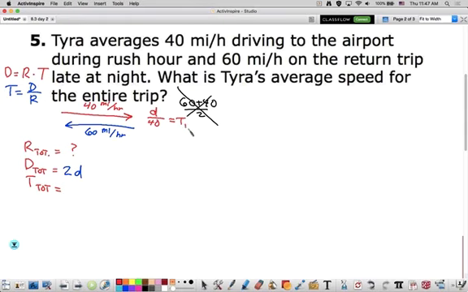Well, let's do it for this one too. How far did she travel? Same distance, d. How fast did she go? 60. So that's time 2, her return. You see that? Now you're going to have time total. What's time total? Time 1 plus time 2. Well, let's add those together. Time 1 is d over 40.